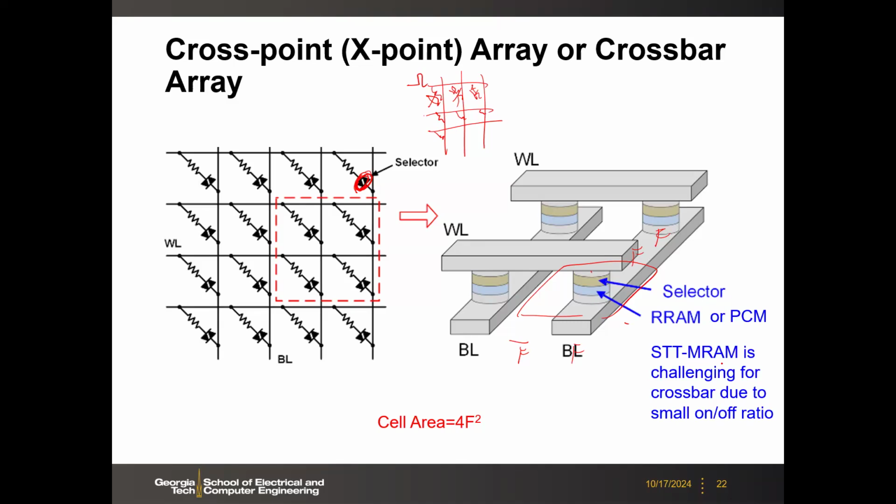STT-MRAM is pretty low, only like 2. Then due to this leakage path, it's very difficult to distinguish. So generally, for the cross-point array, only RRAM and phase change memory could be used. For STT-MRAM, typically you need the transistor to really cut off the sneak path or leakage path. We'll talk about that more in the next lecture.